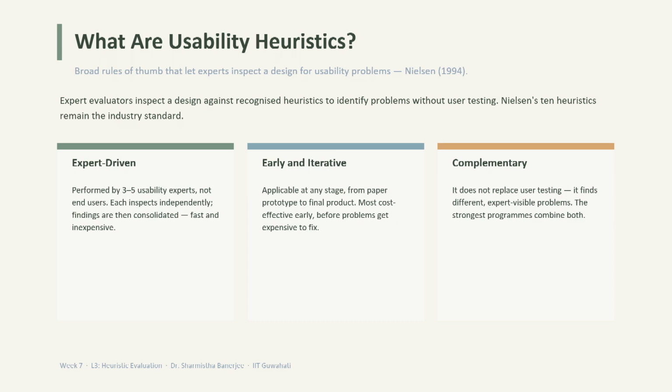However, always remember that for user testing, you have to invest a lot of time and resources, because you have to identify different kinds of users, different contexts of usage, and then perform this experiment. So that is more viable in later stages of the prototype. However, heuristic evaluation can be carried out before conducting actual user tests to identify as many design problems as possible at a much faster pace and with far fewer resources.